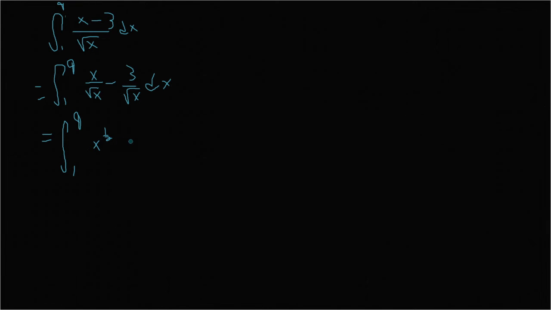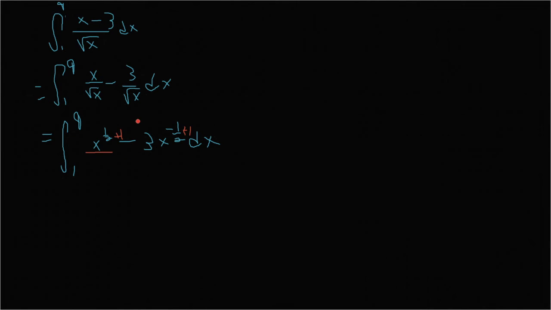Alright, and then we are subtracting 3, and then there's 0 x's here, so that's just going to be 3x to the negative half dx. And now we can use our lovely power rule for integration. Add 1 to the exponent and divide by that exponent.